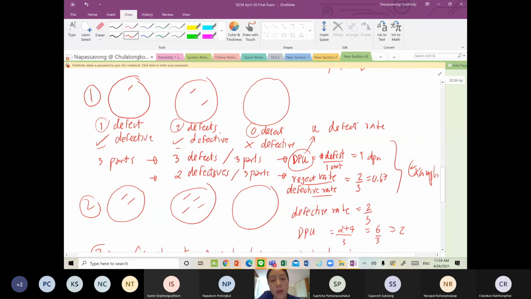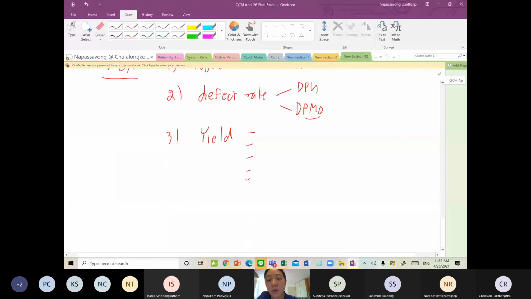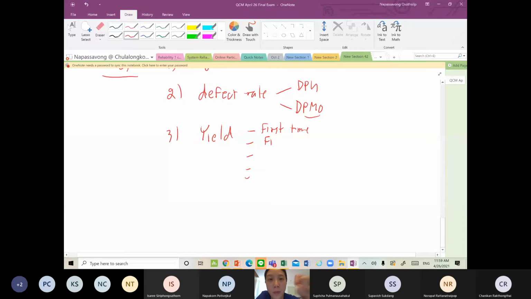And the third one is the yield. And for yield, you have many types. So you have what we call first time yield. And if you multiply the first time yield of all processes, you'll get what we call final yield. Here, we do not concern the number of rework.